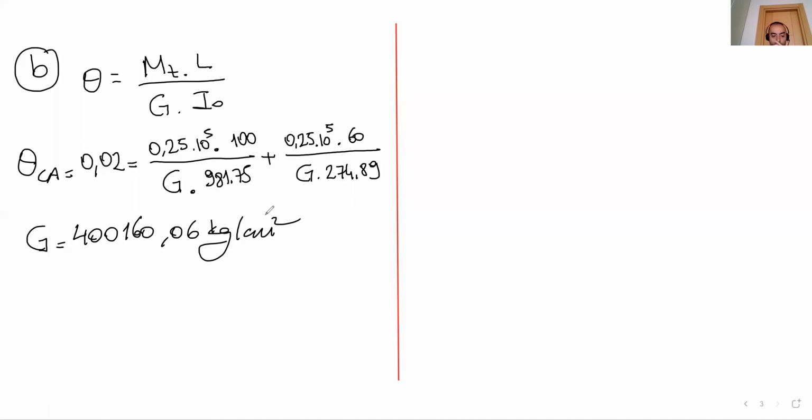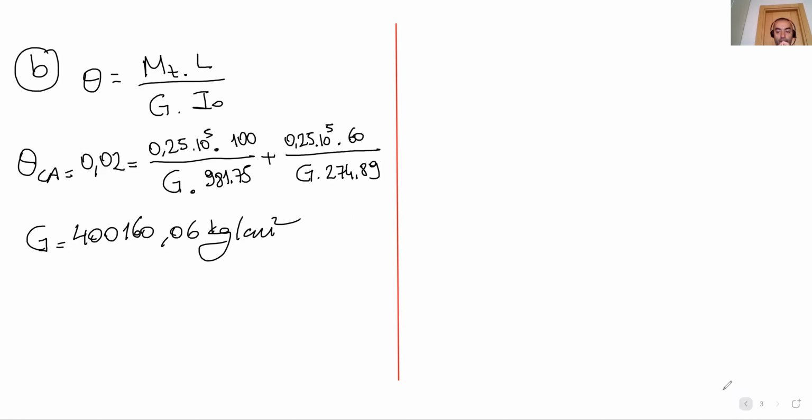Now we have just calculated question B. Now let's do question C. Calculate the P max and elongation under P max when MT is 0.